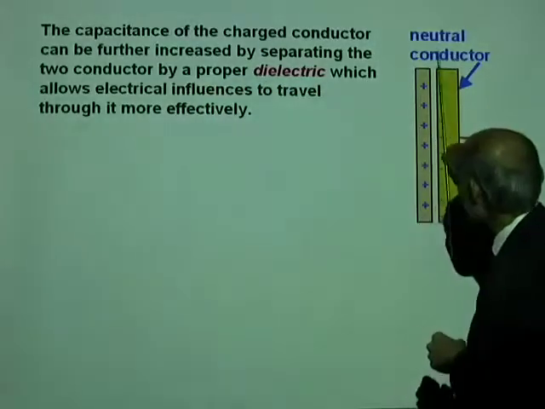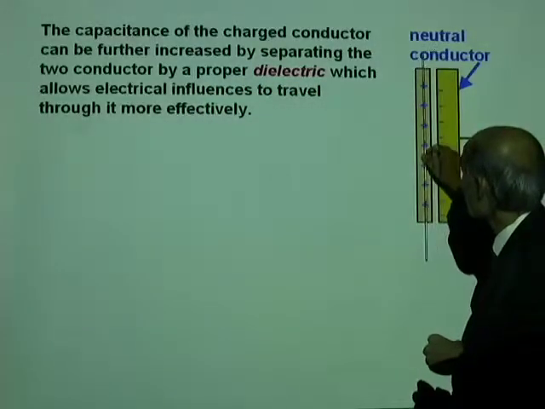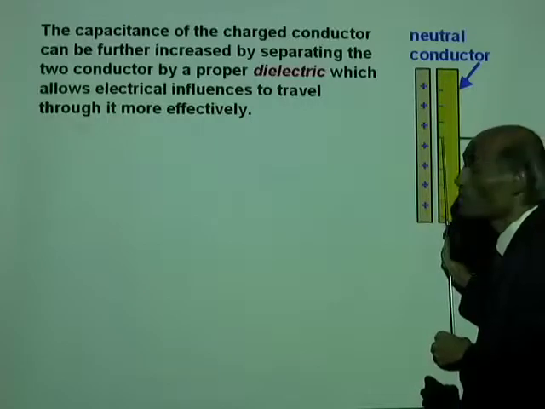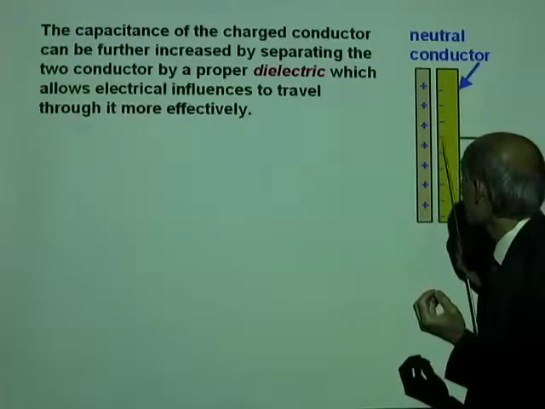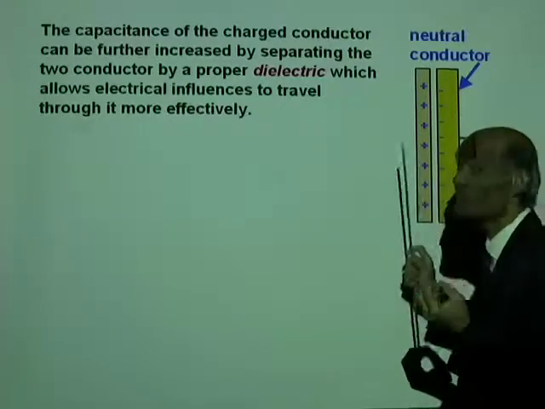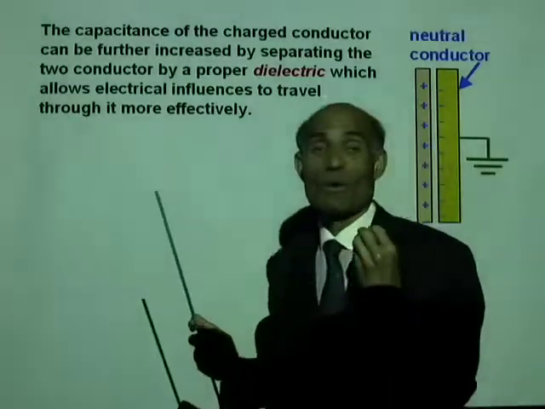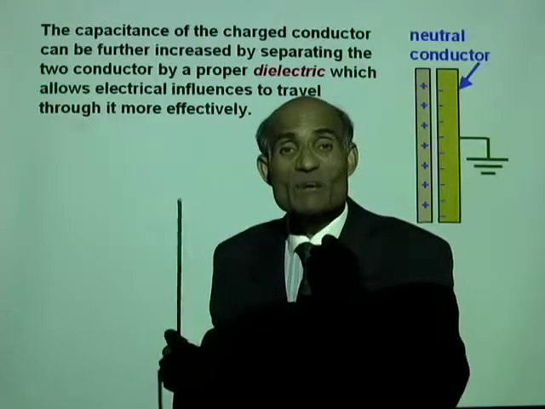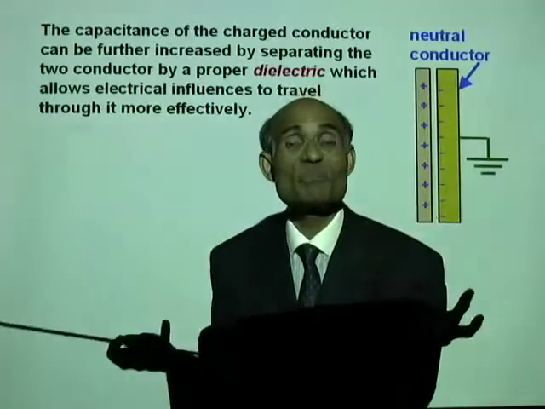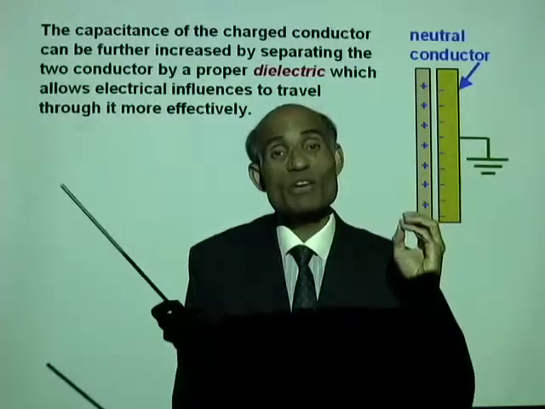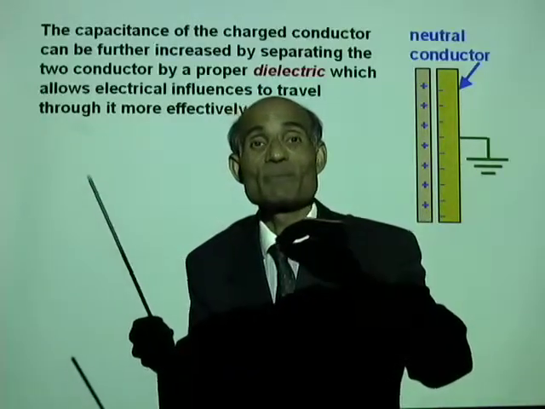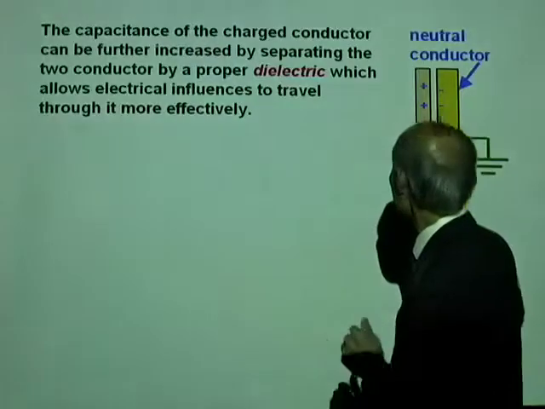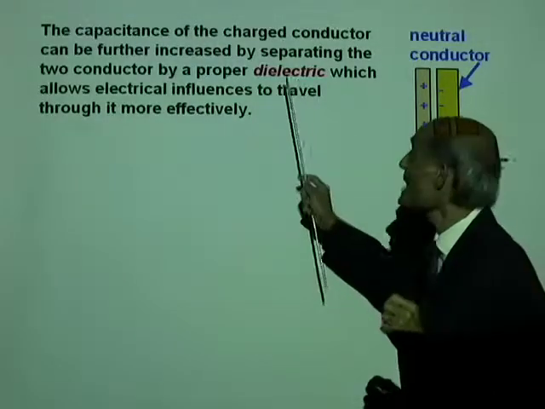Now, from the neutral conductor to the charged conductor, the electrical influences are conveyed or passed on through the intervening medium. Now, if the intervening medium is a much more effective medium, then the electrical influences can be conveyed more effectively. And if you can now use a proper dielectric.